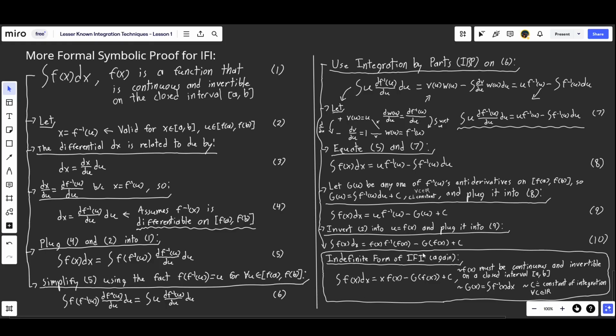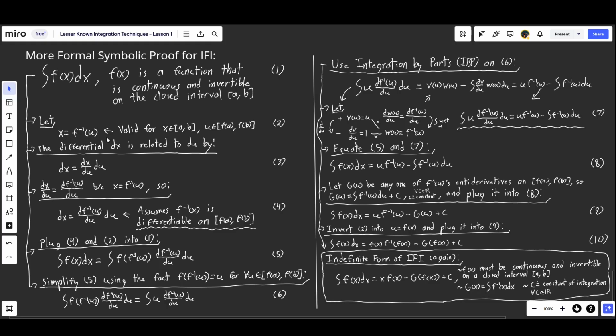All we have to do now is invert the original U-substitution that we made at the beginning of the proof to solve for u, and plug it into this equation here.